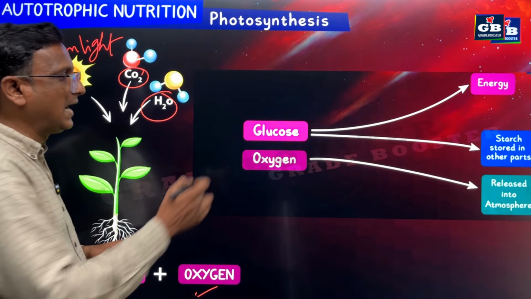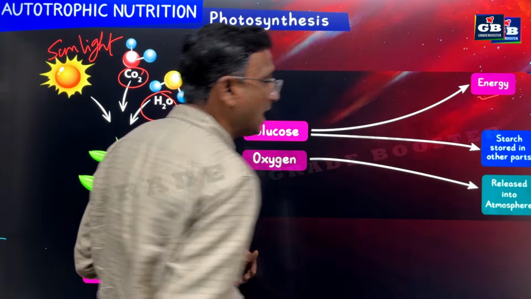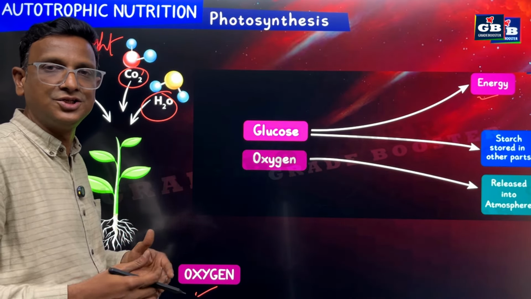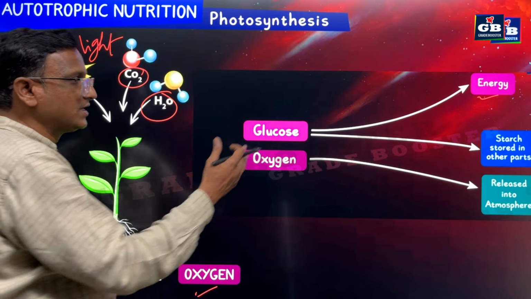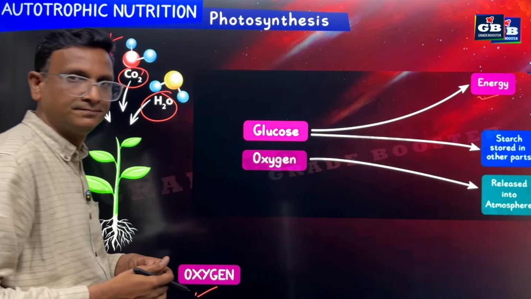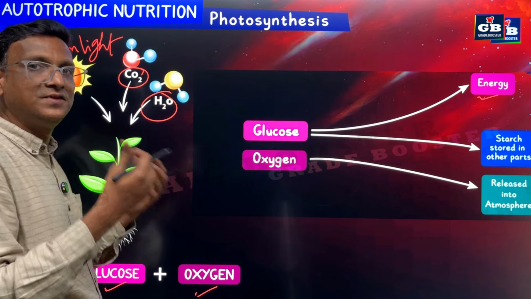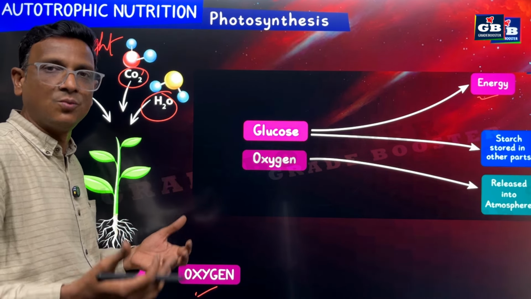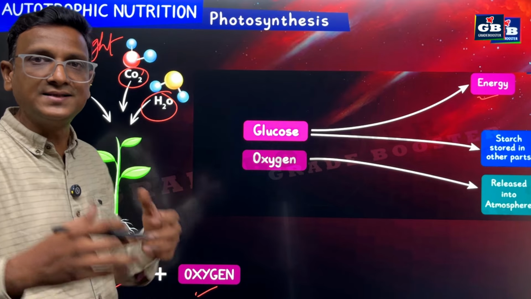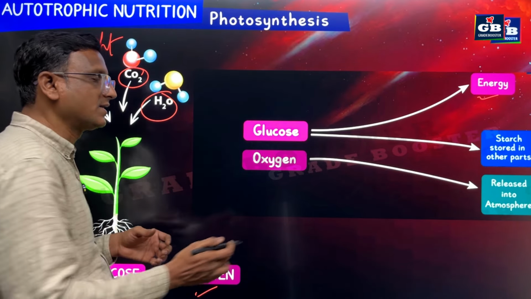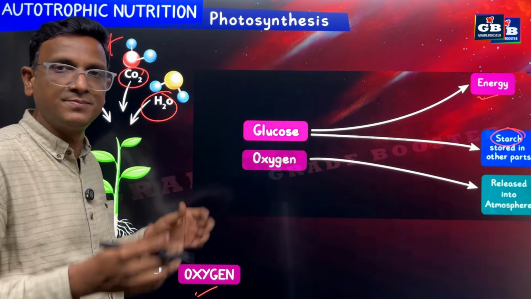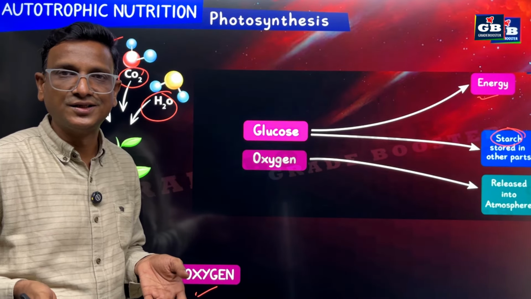So the plant uses glucose for its energy. Plants also need energy. Not only animals, even plants need energy to survive. So it uses glucose for energy production. And the rest of the glucose, the excess glucose, since plants prepare more glucose than they require for their survival, is converted into starch. What is the difference between glucose and starch?